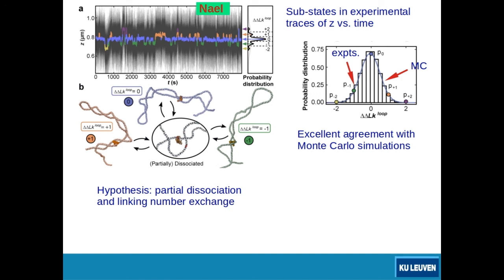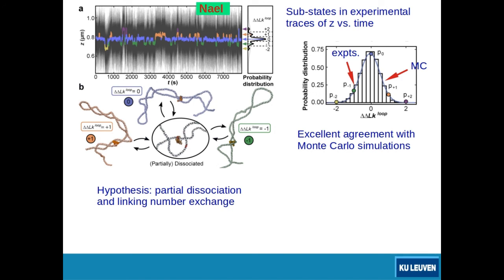The experiment shows 1 most populated state and 4 less populated states corresponding to a linking number exchange of ±1 and ±2. Linking number exchange in the protein can only involve changes by integer values. However, in Monte-Carlo, we can also simulate reassociations with a continuum linking number exchange.